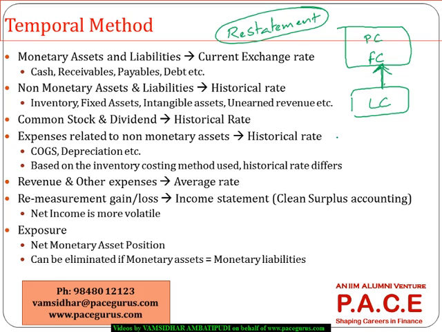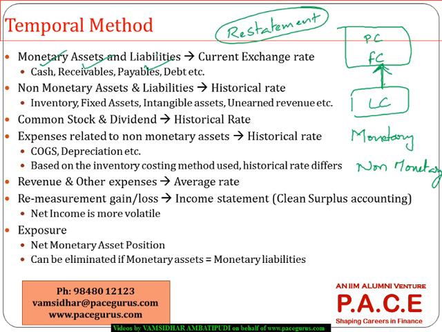So assets and liabilities, first of all, we will classify as monetary versus non-monetary. Monetary items are those directly dealing with cash in some form or other. Cash, accounts receivable, something which I have to get in cash.